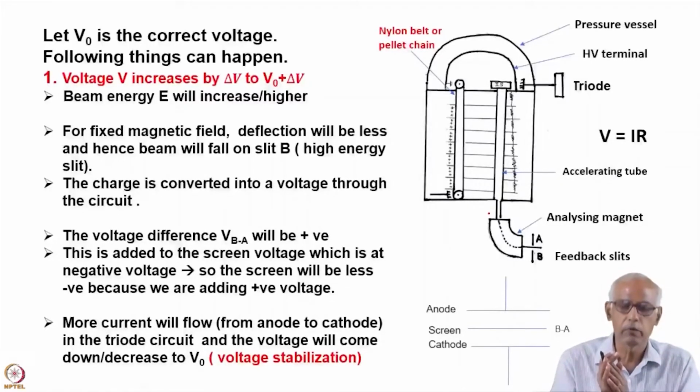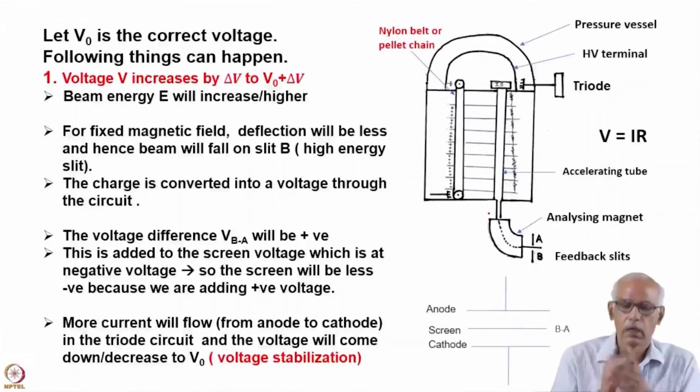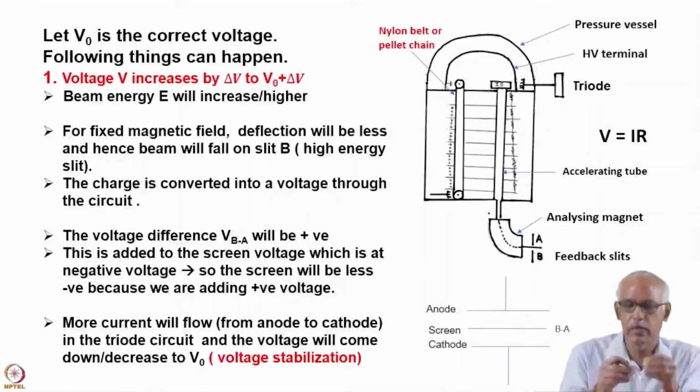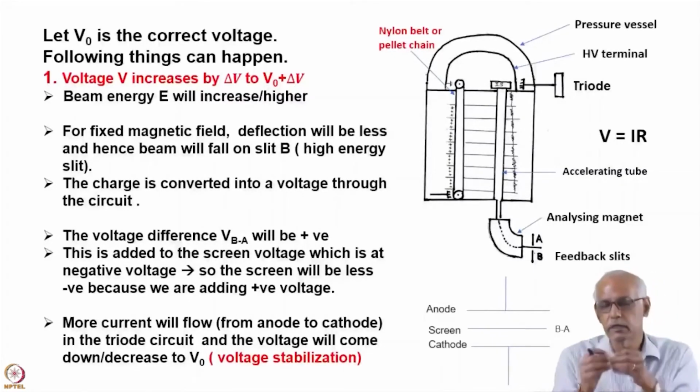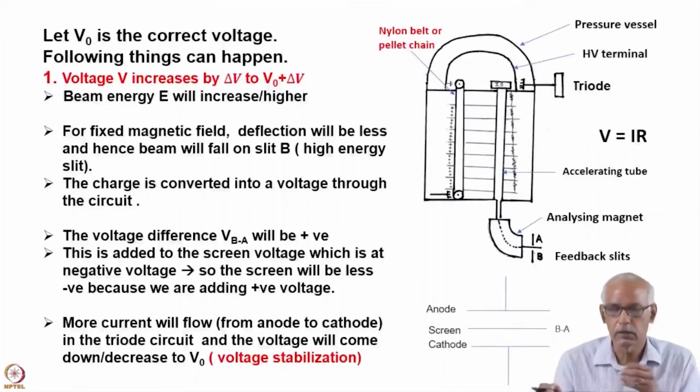Voltage V increases by delta V. That means ideally we have set up at V0, so V, which is the actual voltage, has become V0 plus delta V. Once the voltage has increased, the beam energy will also be higher.